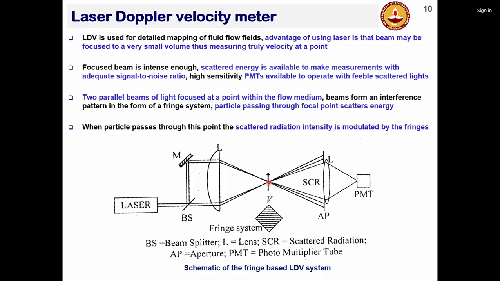Now when you have a particle in the fluid, like the ultrasonic Doppler method, here also you need a particle in the flow field. If there is no particle, then there is nothing to scatter, which means this method is not going to work. Either you use some kind of impurity that is there in the fluid, or you introduce particles into the fluid.